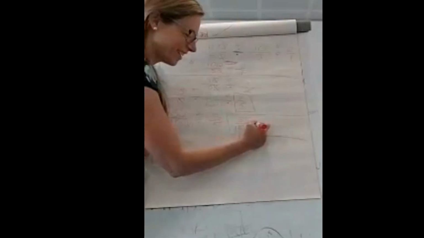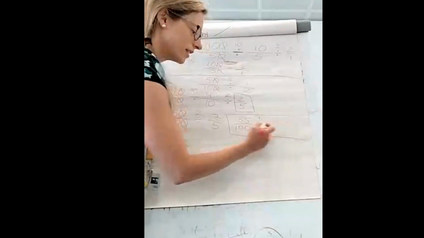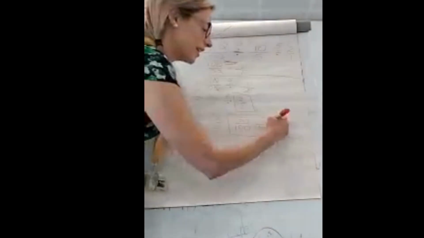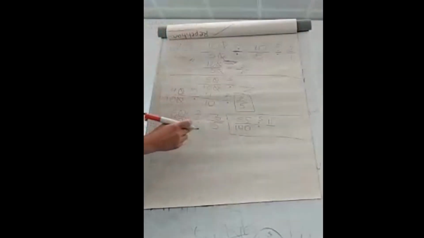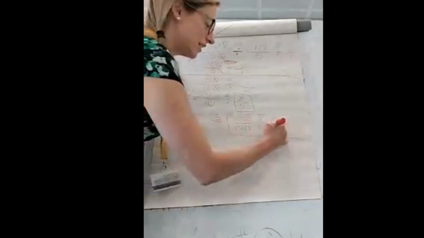So I cannot cross out anything because it's not there. Okay, so what can I try here? 5. Divided by 5. So 55 divided by 5 is 11. 100 divided by 5 is 20.